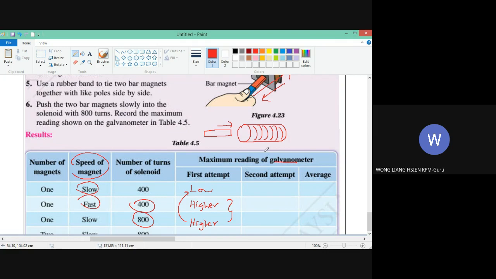When the coil cuts the magnetic flux, every coil produces 0.1 volt. Then if you have 10 coils, all added together you get 1 volt. If you have 20 coils, you get 2 volt. 30 coils, you get 3 volt, like that. Get the idea? It's very simple.